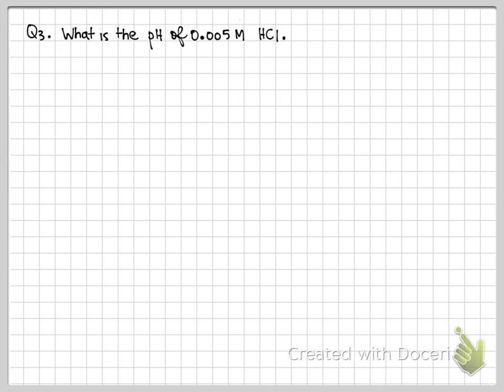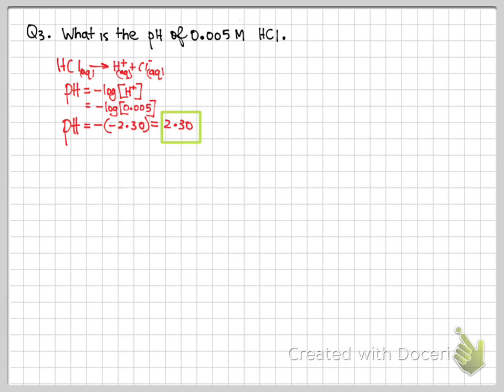Now looking at question 3, remember that hydrochloric acid is a strong acid, and will ionize completely into H plus and Cl minus. To find the pH, we know pH is equal to minus log hydrogen ion concentration. Looking at the equation again, remember that 1 mole of HCl forms 1 mole of H plus and 1 mole of Cl minus.